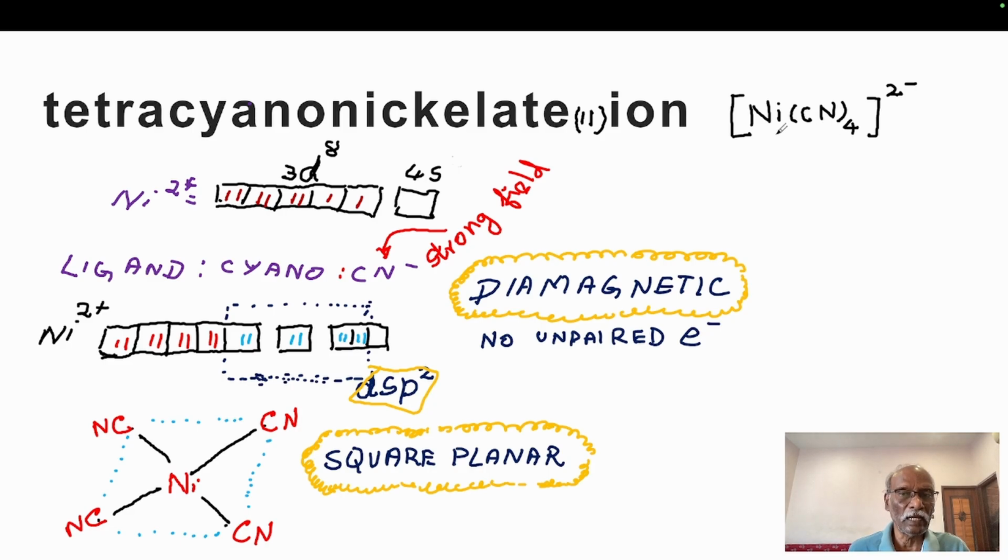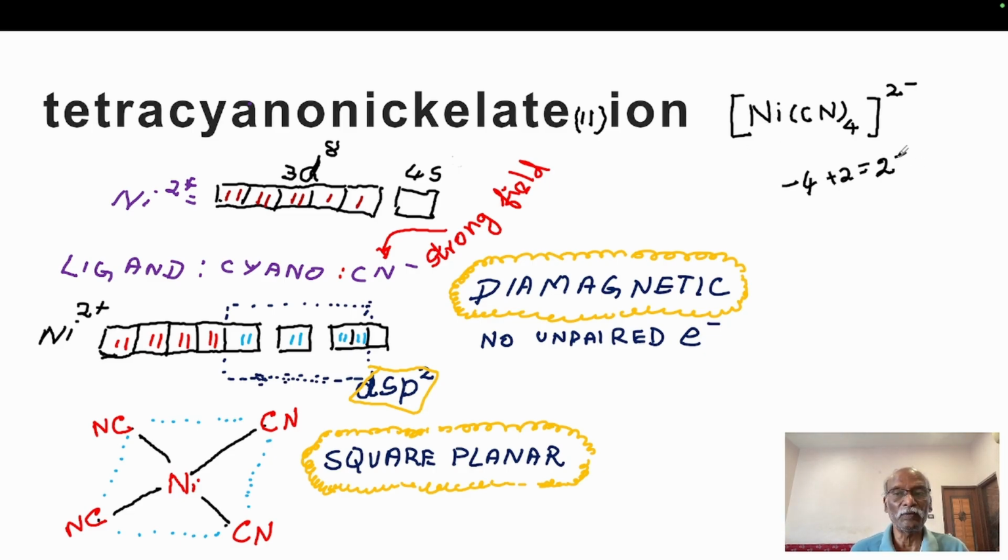So the nickel atom has a formal charge. How do we find out the formal charge? Each cyano group has 1 minus charge. There are 4 cyano groups, therefore 4 minus. The net 2 minus is left here, so the 2 minus is neutralized by nickel.